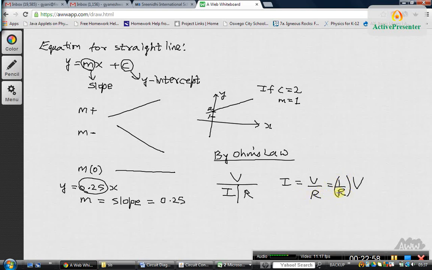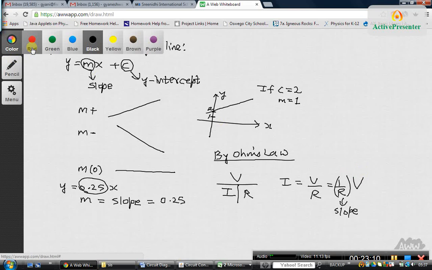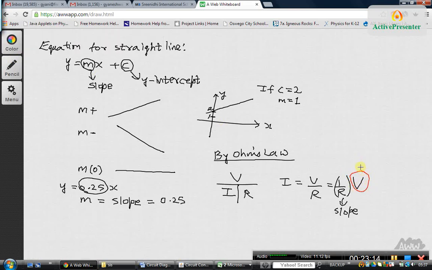So here we have kept the resistance constant throughout the experiment. So 1 by R is our constant or slope, and V is the independent variable, and I is the dependent variable, because the value of I depends on what value of V you are taking for your experiment.